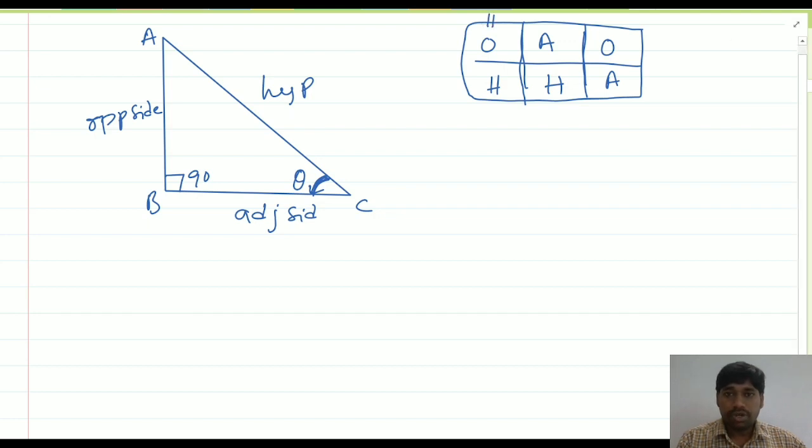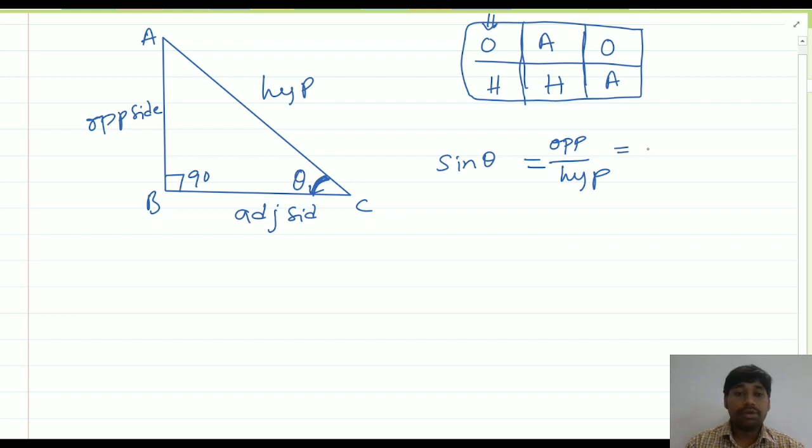If you read from the top, that is opposite by hypotenuse, this is nothing but, in full form, sine of angle theta, or in short sin theta.